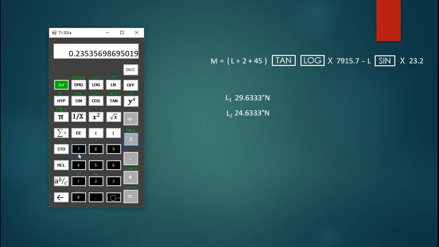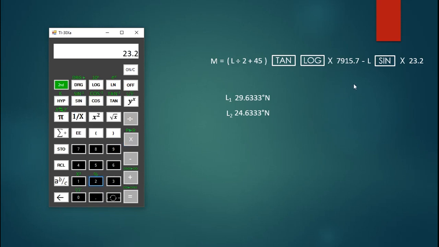So 7915.7 minus, and here we put in L1 again because we're still searching for M1. 29.6333, sine, times 23.2.